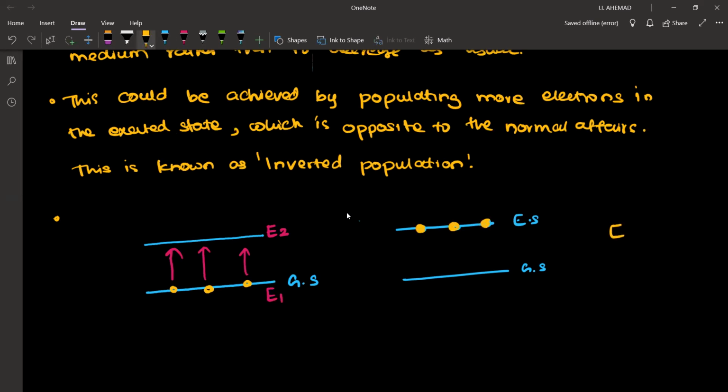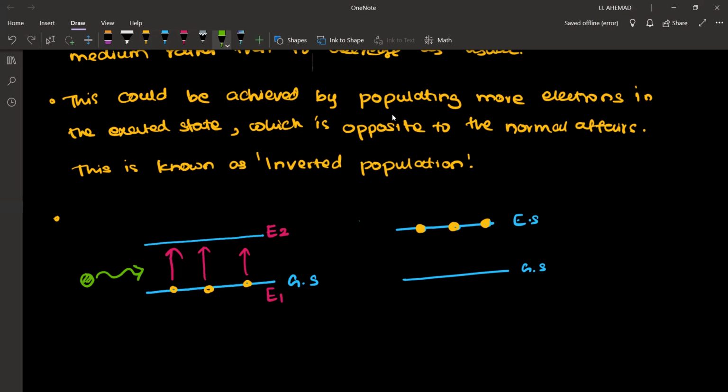Without providing energy, can I bring this electron to the excited state? No, right? We cannot do that. So what we are going to do is give energy, using photons.